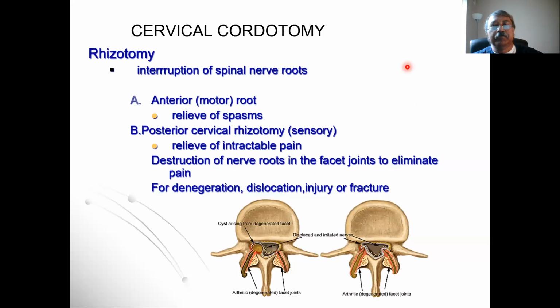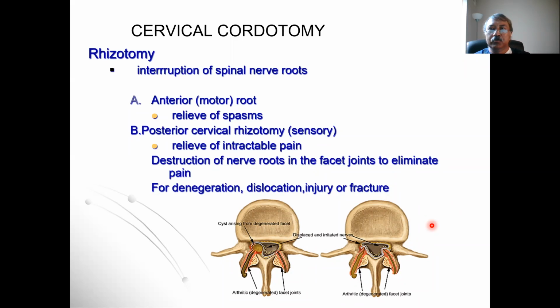Cervical chordotomy. Okay, so what were we talking about? We are talking about the cervical nerves that are emerging from the cervical vertebra. The nerve root that becomes the cord structure.